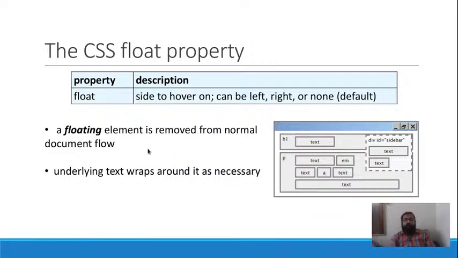While with the float property, the floating element is removed from the normal document flow, so it doesn't stick to the rules regarding how many pixels it should be away from the left element or the right element, and so on. It has overlapped in the example that we have seen. Okay, so the underlying text will get wrapped around as necessary.